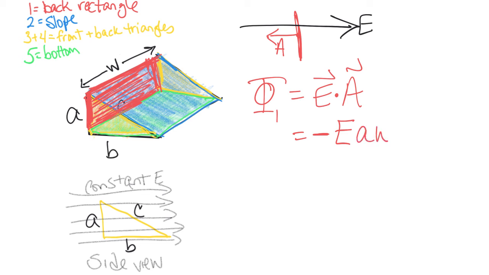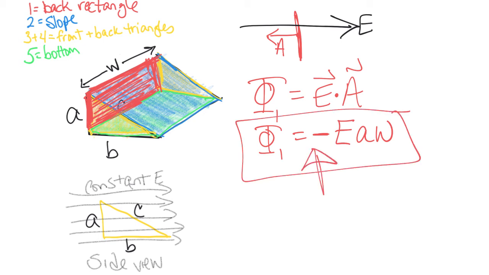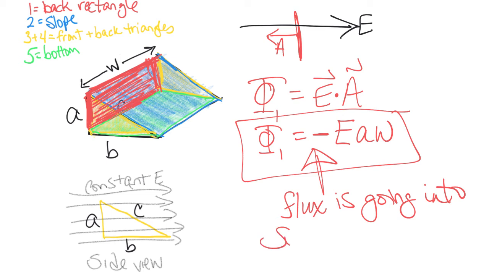So it's negative E A W, and of course it is negative because the flux is going into the surface. The fact that we define A to be out says that any flux going into a surface is going to be negative. Flux going out of a surface is going to be positive.